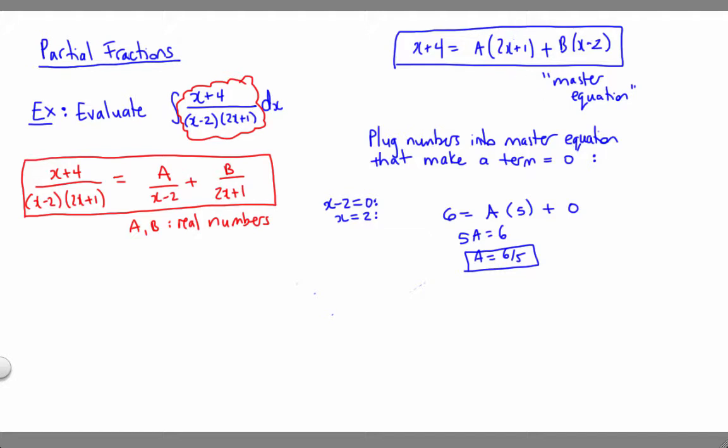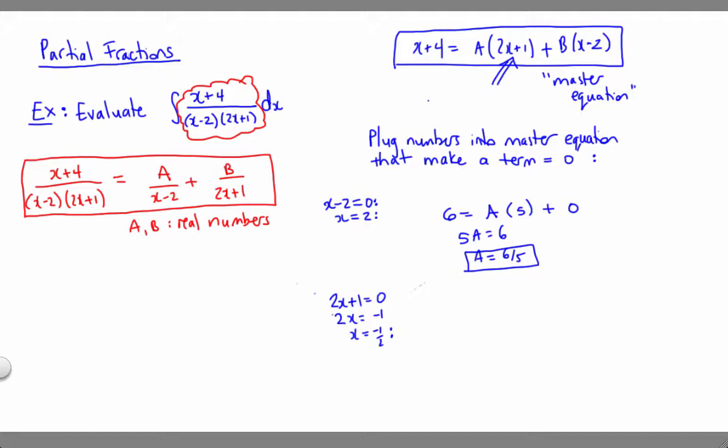Let's see if we can figure out the value of B. To do that, we would like to make this term equal to 0. We want to eliminate the term with the A in it. So if we wanted 2x plus 1 to equal 0, solving for x, we'd have 2x equals negative 1, or in other words, x equals minus 1/2. So that's the value that we're going to plug into the master equation.